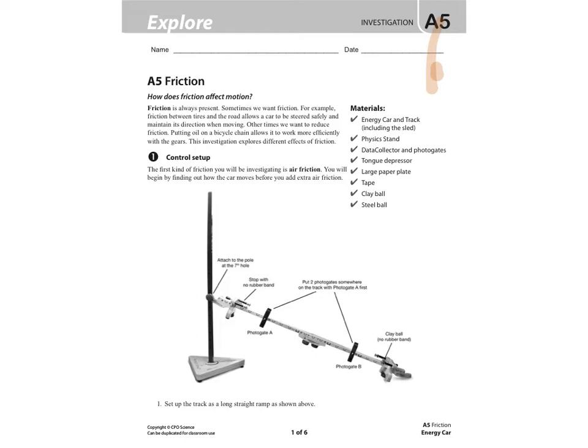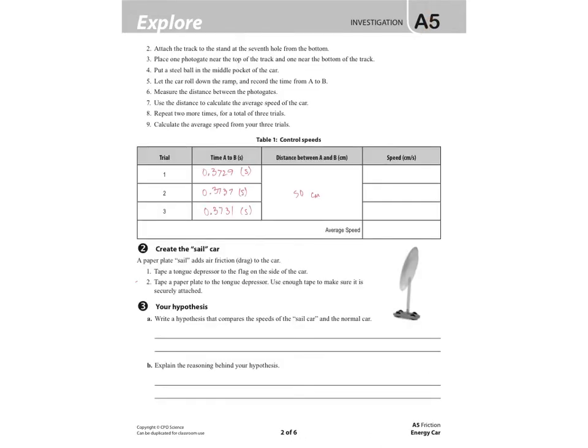All right, so as you were going down the track, so the very, very first page was all your setup, everything like that. Once you rolled it down the track, what did you notice about your speed here? So in the first data chart, was your speed pretty consistent each trial? And it should have been, right? It should have been fairly consistent. So then when you got your average, can somebody give me approximately what was your average for your speed?